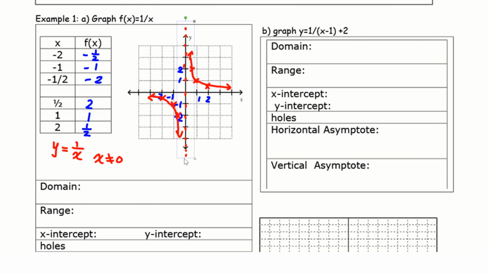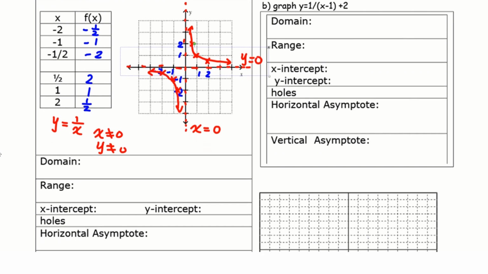We call this a vertical asymptote. And because it's a non-zero number divided by a number, y is not going to be 0. So we could draw another line here, and y could get closer and closer to this line, but will never ever cross it. We call this a horizontal asymptote.